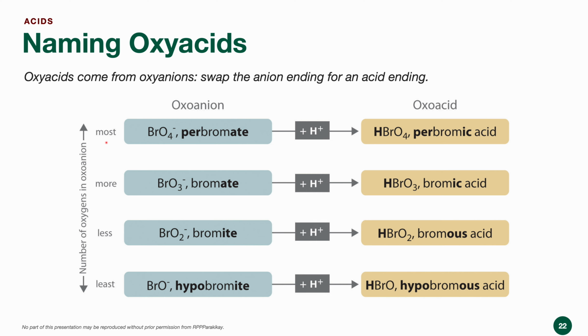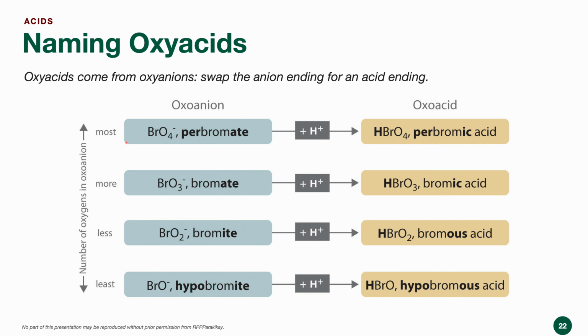Now let's look at the following oxoanions and oxoacids derived from halogens. So for example, we have BrO4 minus down to BrO minus. The name will depend on how many oxygen atoms are present, and we should see the pattern on how we name them. For BrO4 minus, we have 4 oxygen atoms and the name will be per plus the name plus ate, followed by ate, followed by ite, and followed by hypo plus the name plus ite.